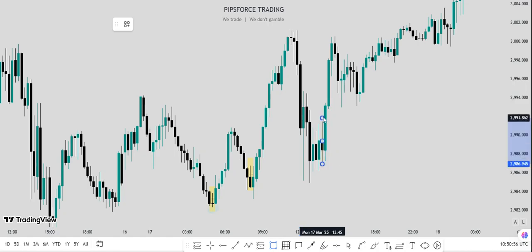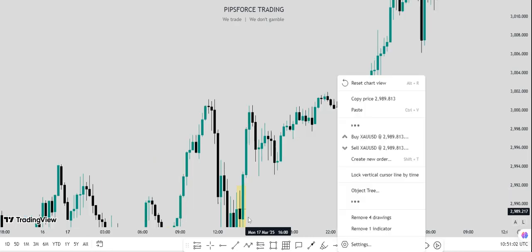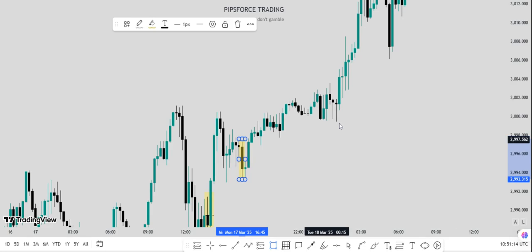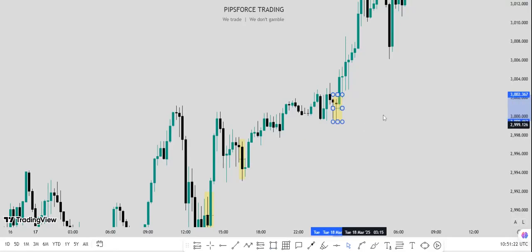This particular candle here is our last selling candle before the upward movement, and that is a bullish order block. This one too, and this one too, are the last selling candles before price continues to shoot upside, and those are also order blocks.